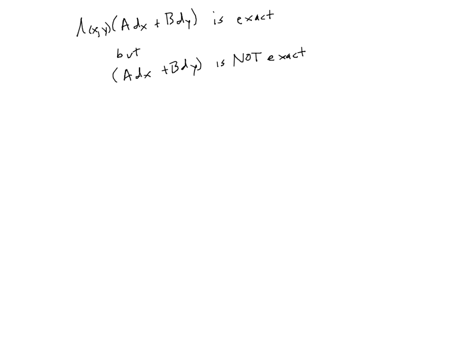So in other words, if you only had this extra term, then it would become exact. This term right here is called an integrating factor. It's something we throw into the problem in order to make it exact. And once we've made it exact, then we go back and use the other methods.